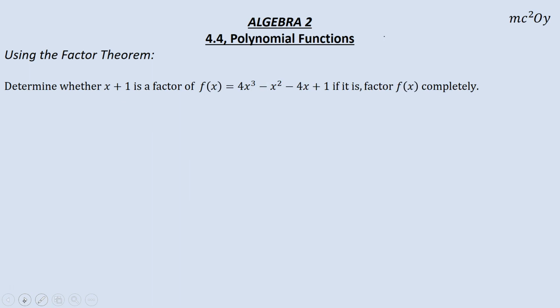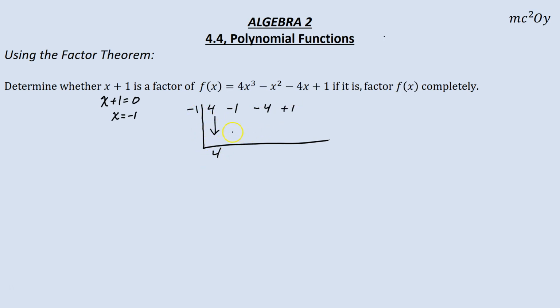Let's say determine whether x plus 1 is a factor. That would mean I'd have to test x plus 1 equals 0, so I'd test negative 1 because x would equal negative 1. I'm going to let my coefficients be 4, negative 1 for x squared, negative 4 for x, and plus 1. That gives me 4.